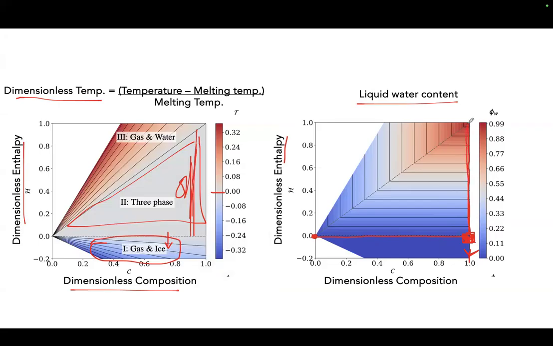And at this point, we have maximum water, so the liquid water content is just 99 or 100%. So we do not have ice at this point. Here we have liquid water and air only, but that also has some air in it.